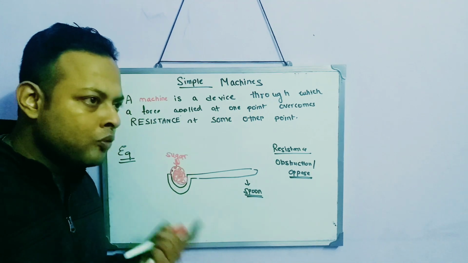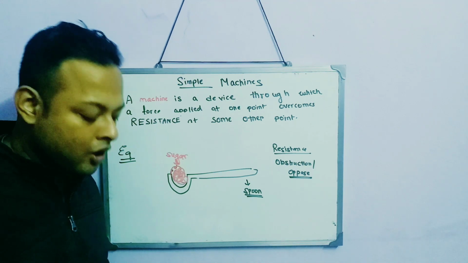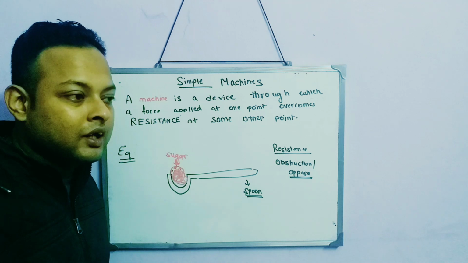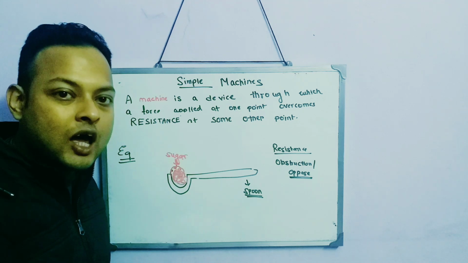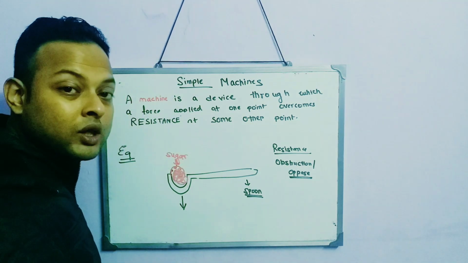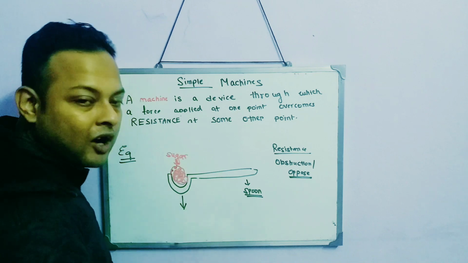Will the spoon go up by itself? The answer is absolutely no, because we have learned in the chapter on force that there is something called gravitational force, and this gravitational force will be pulling the sugar in the downward direction.